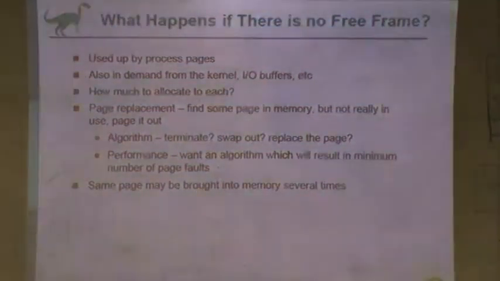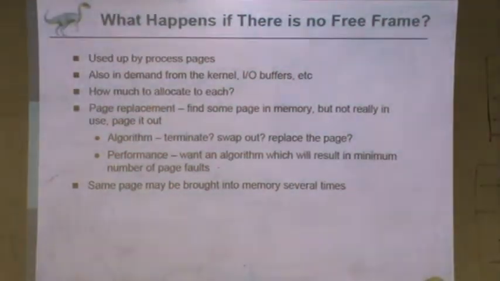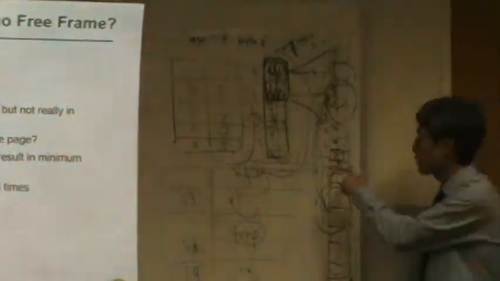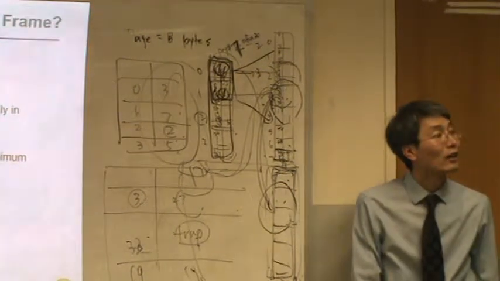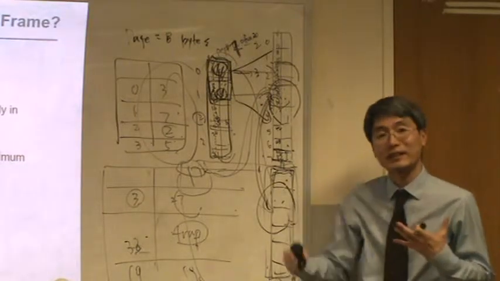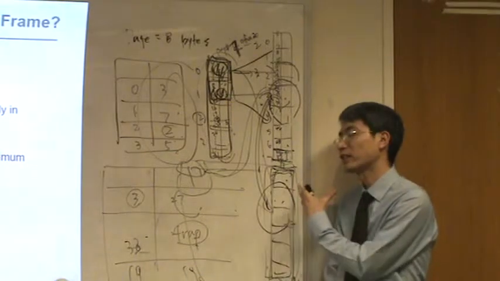What happens if there is no free frame? That's the problem, right? We cannot extend the physical memory, right? Even though we extend the virtual memory, that doesn't mean the CPU can read the data from the virtual memory. Virtual memory space is actually swap space, but based on pages, not the entire memory, not the entire process.